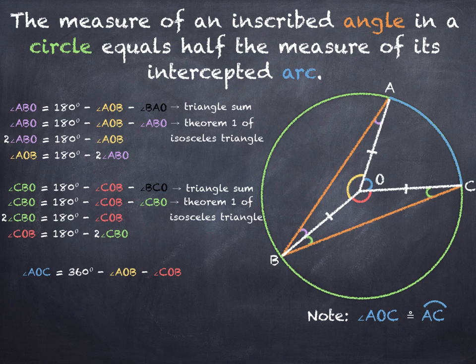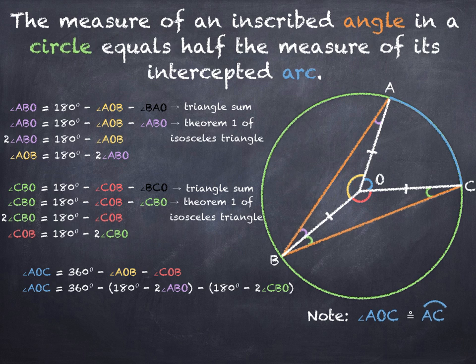So by taking what we found for angle AOB and angle COB and replacing these angles, we get that angle AOC equals 360 degrees minus (180 degrees minus 2 times angle ABO) minus (180 degrees minus 2 times angle CBO). Don't forget your parentheses.